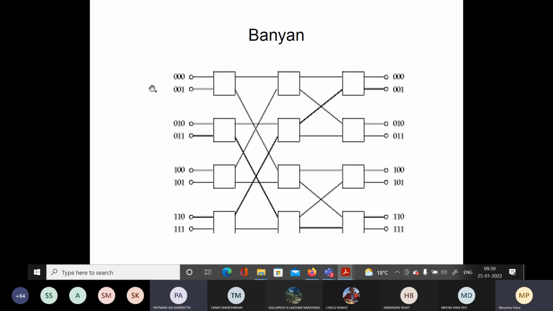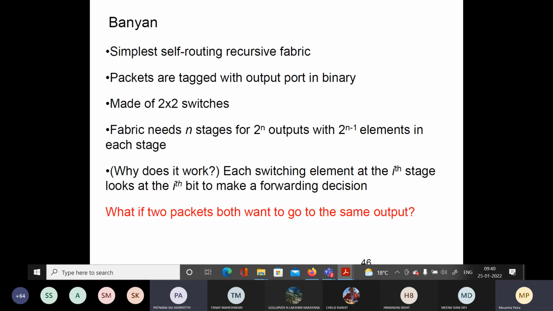All right, now these input and output ports are represented in binary, 000 to 111. So these are the input and output ports. Now, how does any input that is entering this switch move to the corresponding output port? That's what we need to find out.